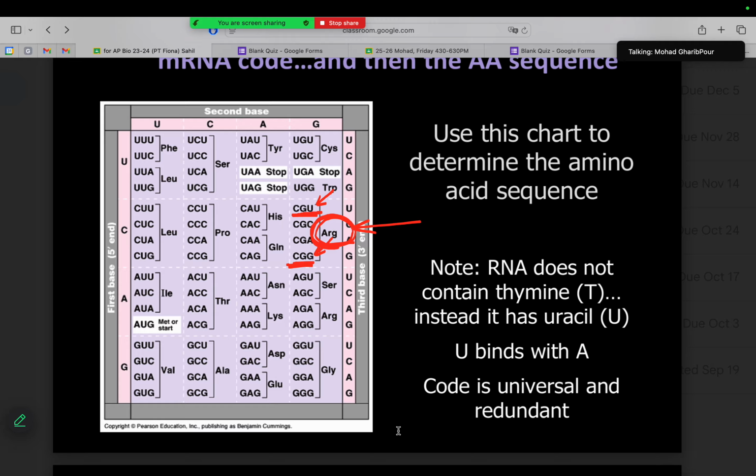So when we have redundancy, we reduce the risk of phenotype change as a result of mutations. Let's say I'm going to call them deleterious.